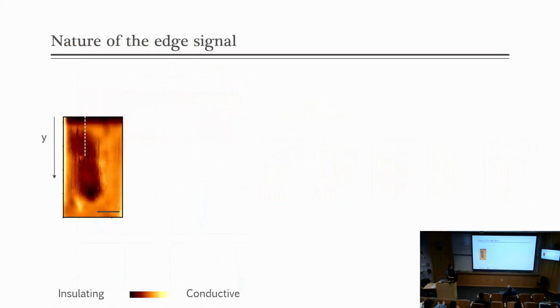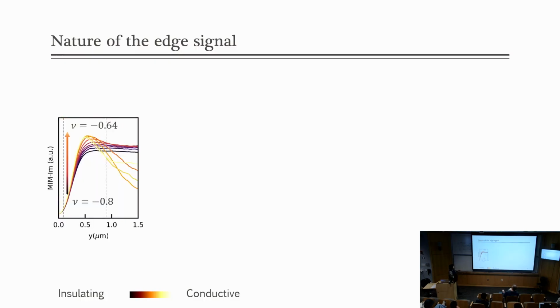But back to your question, the nature of the edge signal. We did a line cut here, along this red and white dashed line. We cut through there, and then we see the width of the edge and also the signal at the edge.